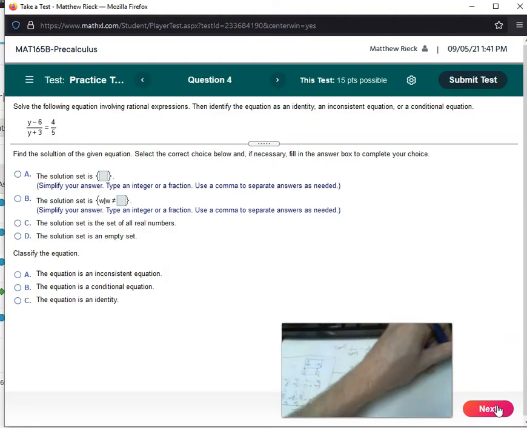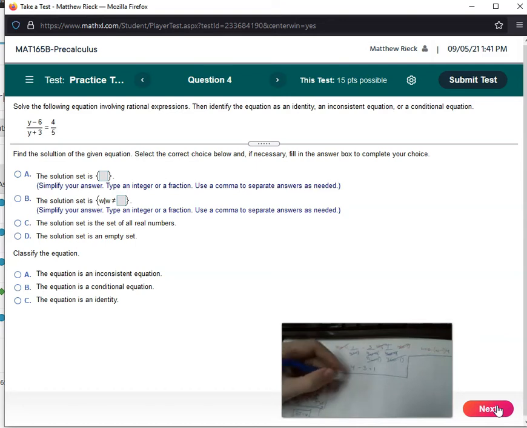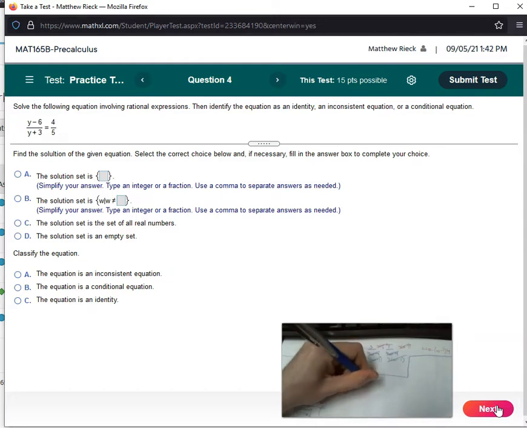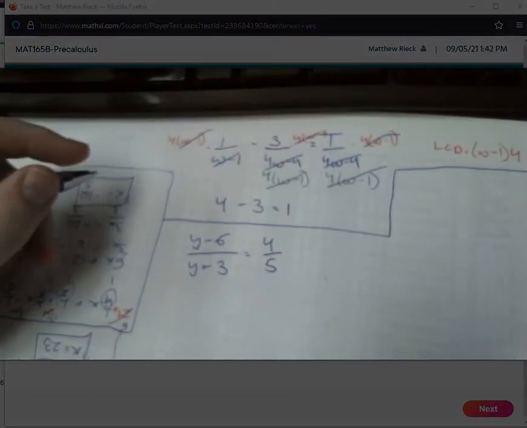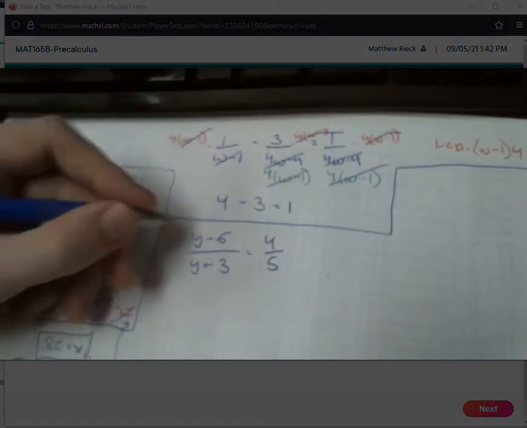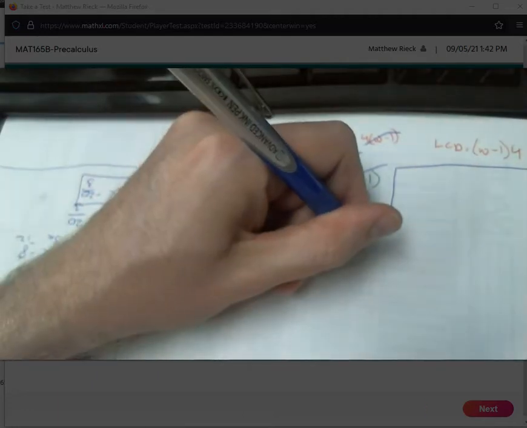All right. Next one here, kind of a similar problem. Again, we're dealing with a rational equation. So you have y minus 6 over y plus 3 equals 4/5. All right, so again, my least common denominator.